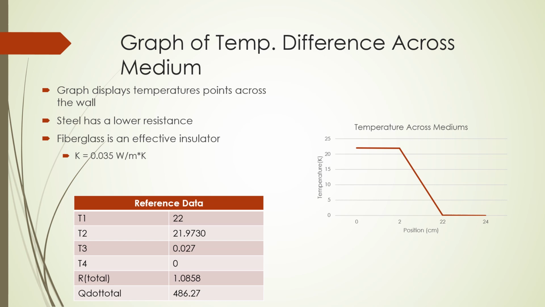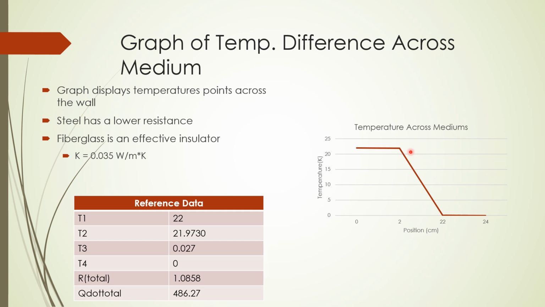Here we have the graph of temperature distribution across the medium, or the wall. So the graph displays temperature points across the wall. Steel has a lower resistance, and fiberglass is an effective insulator with a K equals 0.035. So this graph here shows the temperature at each point.